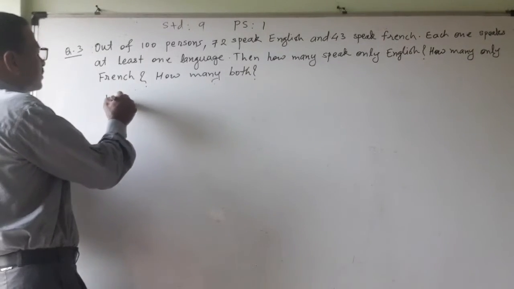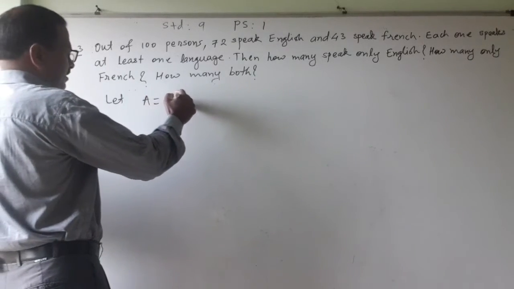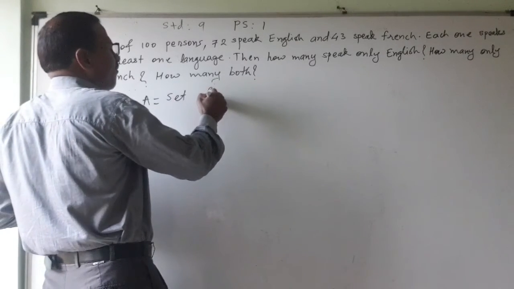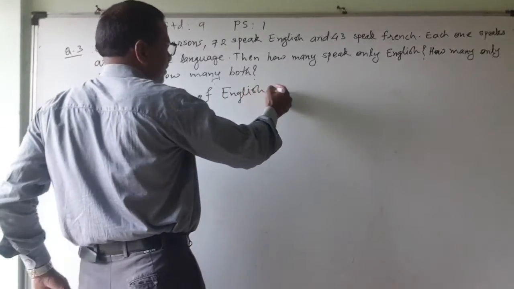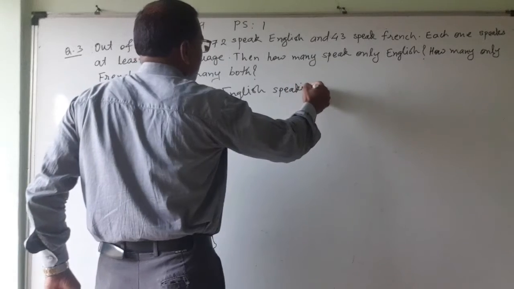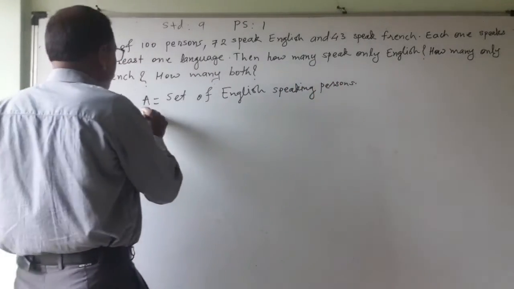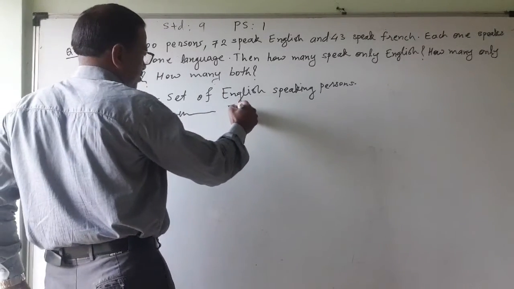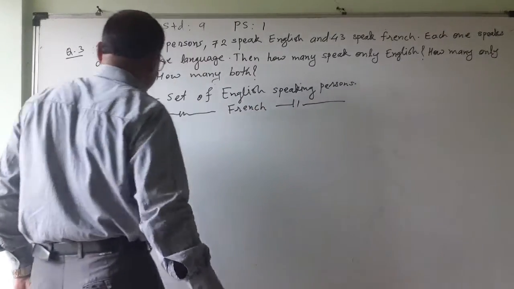Let A be the set of English speaking persons and B be the set of French speaking persons.